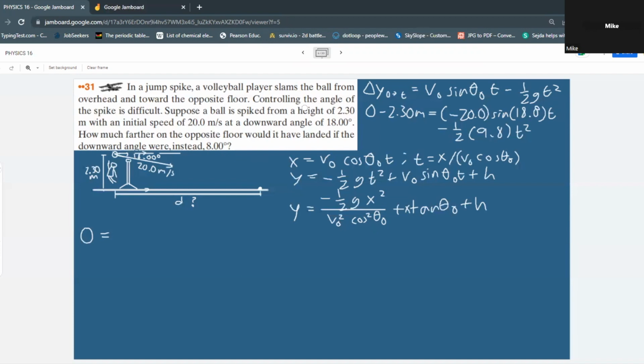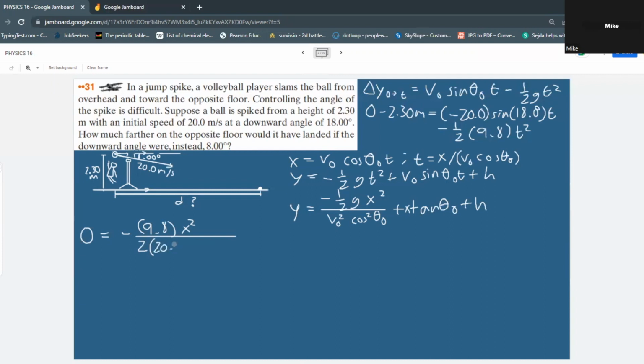Initial velocity 20 meters per second. Squared, cosine... Sulat mo muna yung numbers na ipa-plug in, para may guide ka. So negative 1/2, 9.8.